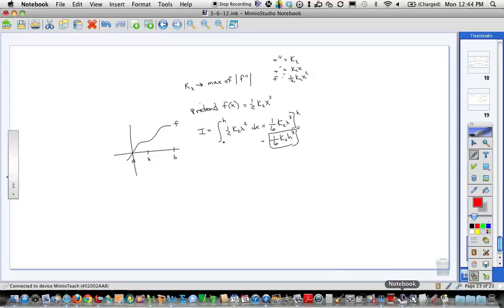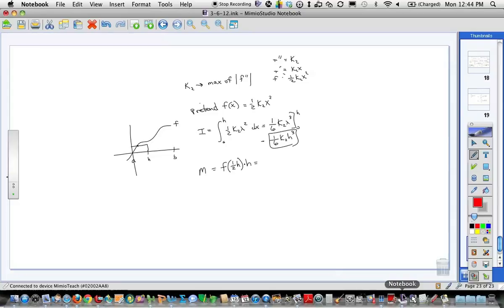Okay? Now, what would one midpoint rectangle look like? Well, let's do it over here. One midpoint rectangle, I'll draw it on this F, but it'd really be on my pretend F, right? What would that rectangle have as its area? What would be its height? F of 1/2 h times a width of h, right? Now my f is this function here.